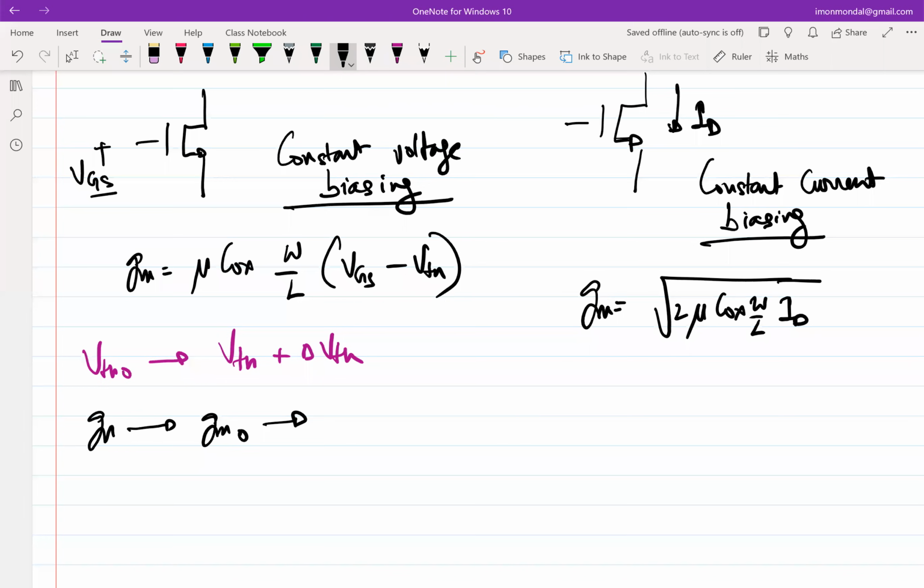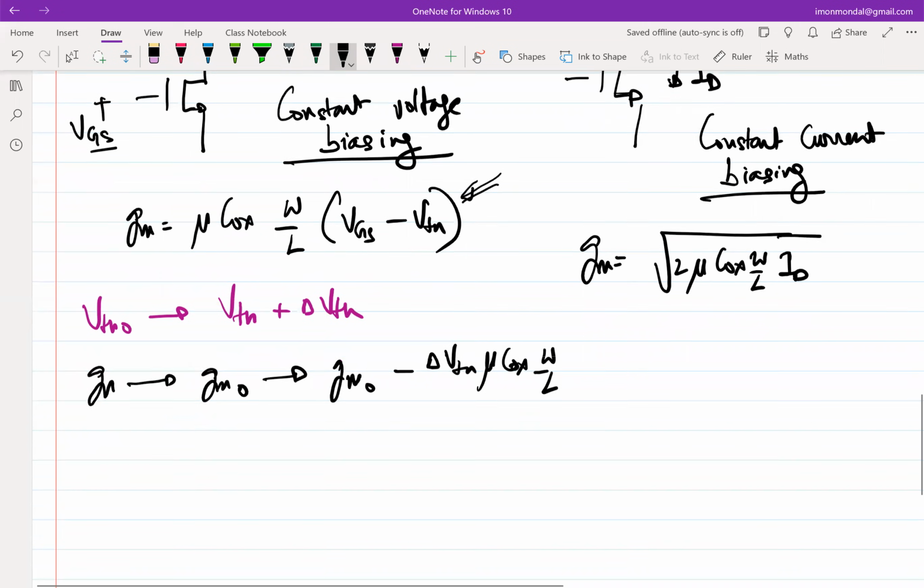You simply apply VTH plus delta VTH in this equation. So what will you get? Your GM will change from GM naught to GM naught minus delta VTH mu Cox W over L.